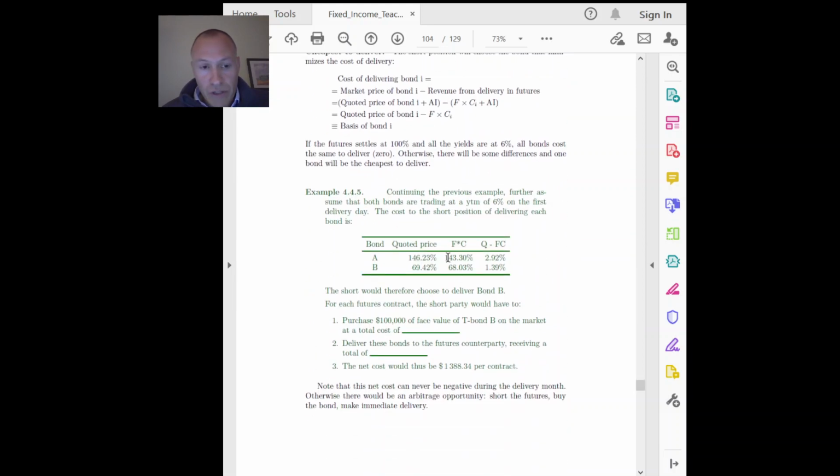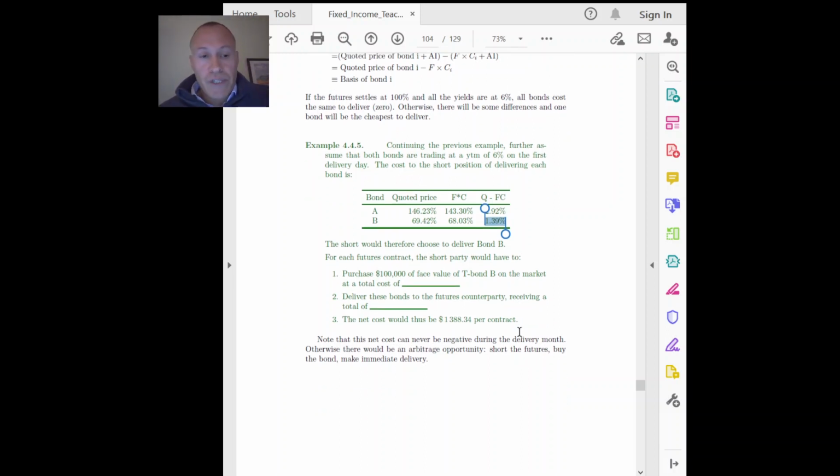And therefore, the cost of delivery will be the cost of buying it in the market minus the revenue of selling it in the futures. So a cost of 292%. I can do exactly the same calculations for bond B and find a cost of 139%, right? So the short side of the futures contract will look at these two numbers, which are costs to him, and choose the one that is lower. So in this case, pick bond B, right?